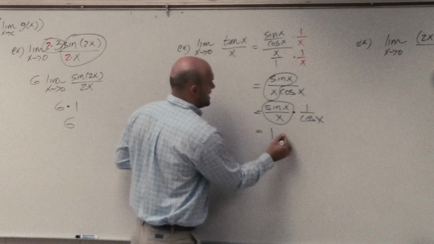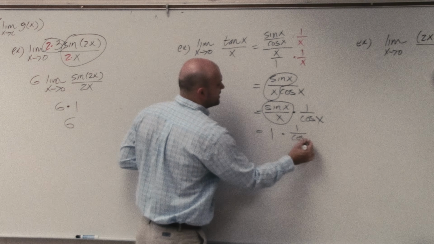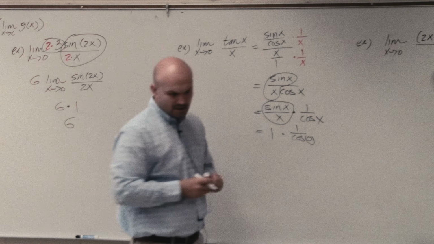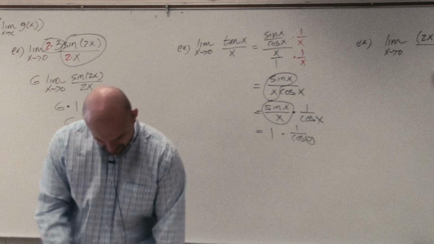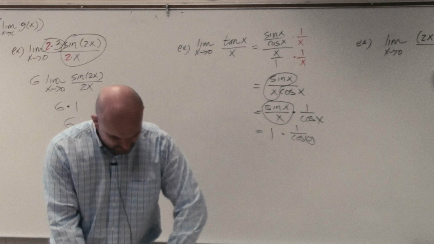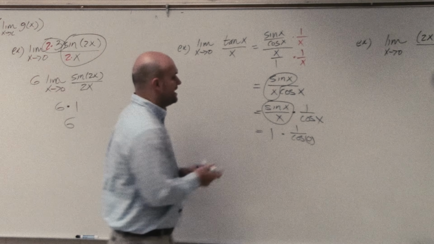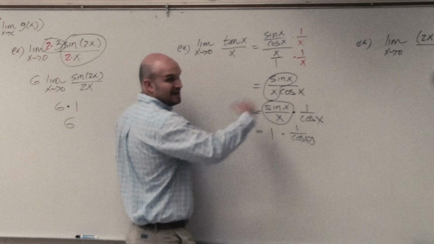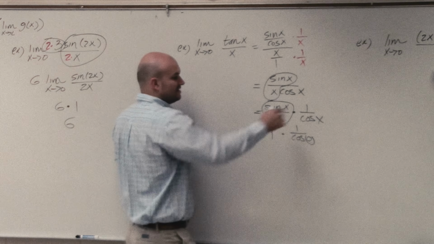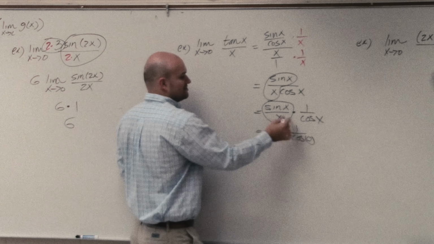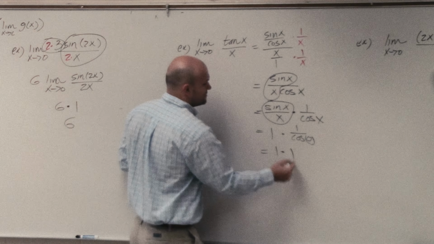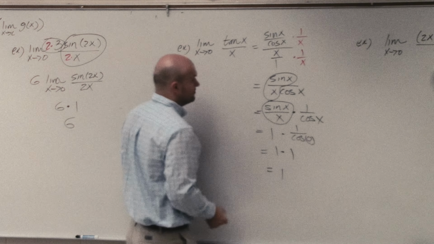And then 1 over cosine of 0. Did I write that down correctly? Yeah. And the cosine, if you remember the unit circle, at the angle 0, cosine is going to be 1. So 1 divided by 1 is 1, times 1, which equals 1.